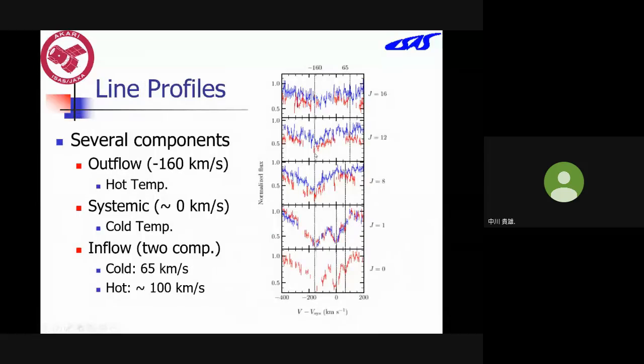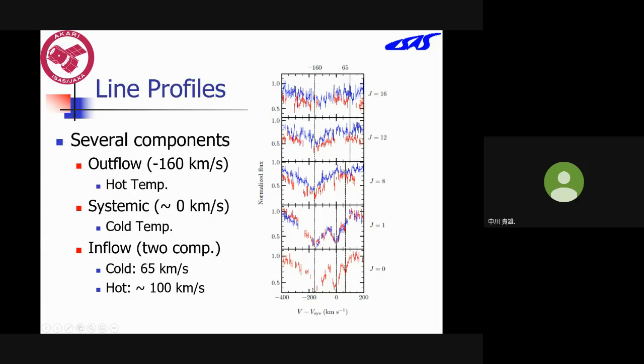And also very interestingly, we have several velocity components. This is J equals 0, 1, 8, 20, 16. For example, this is the difference between the observed velocity and the systemic velocity. We do have the systemic velocity components, but these disappear at high J levels, which means that this component is a really cold component, most probably due to the host galaxy.